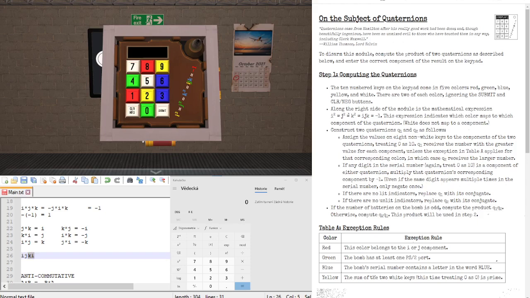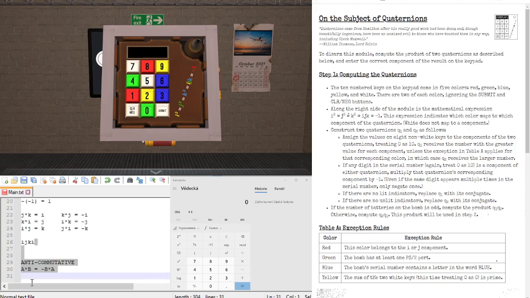And if we go the other way, right to left, j times i is minus k, because going right to left we have to multiply by minus 1, and otherwise the product is just the remaining imaginary unit. k times j is minus i, and i times k is minus j. So that's how to remember it, the fast way.